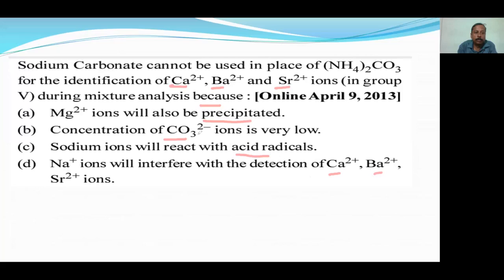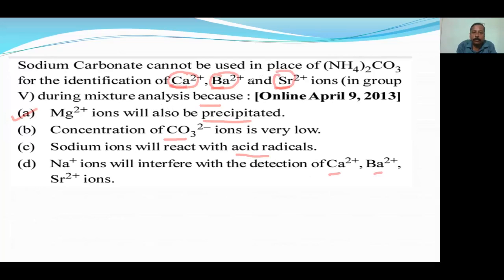Okay, the answer to this question is A. What is the answer? Magnesium ion also will be precipitated. What we actually wanted was to identify calcium only, or barium only, or strontium only. If magnesium is also present, then there is no use.